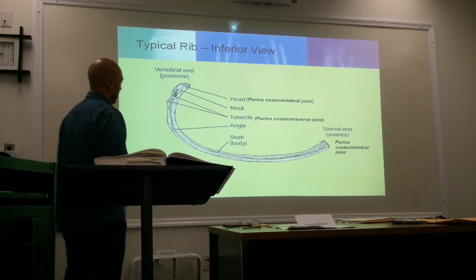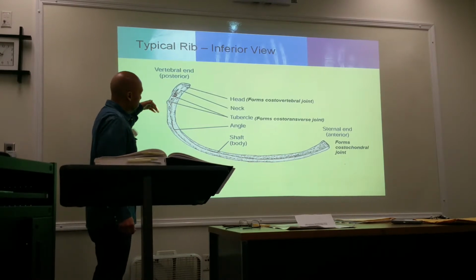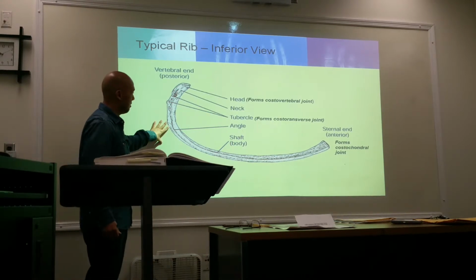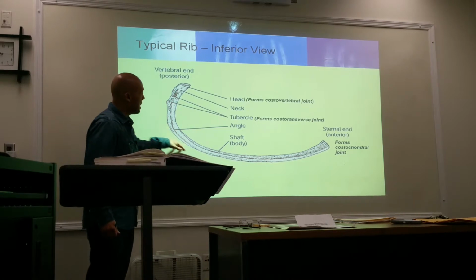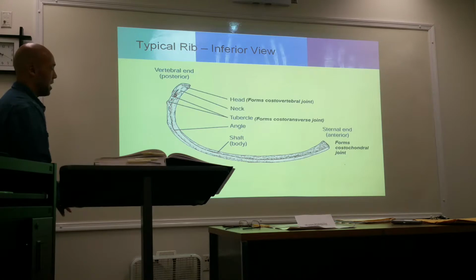From the neck, the rib starts to take a very drastic turn or angulation. This is known as the angle of the rib. And then the main portion of the rib, the longest portion of the rib, is the shaft or the body.